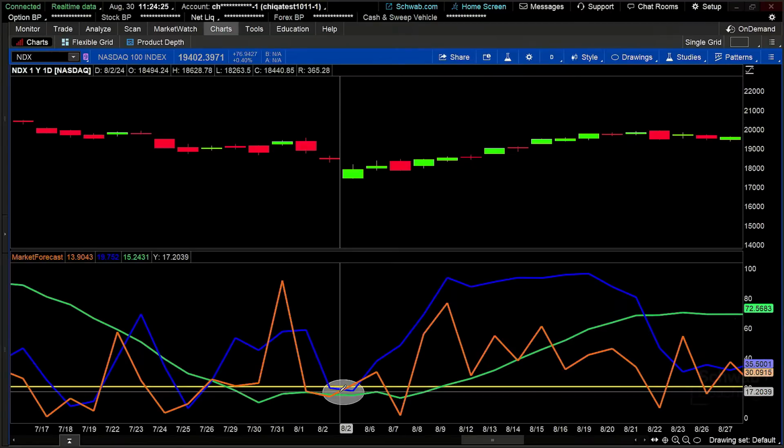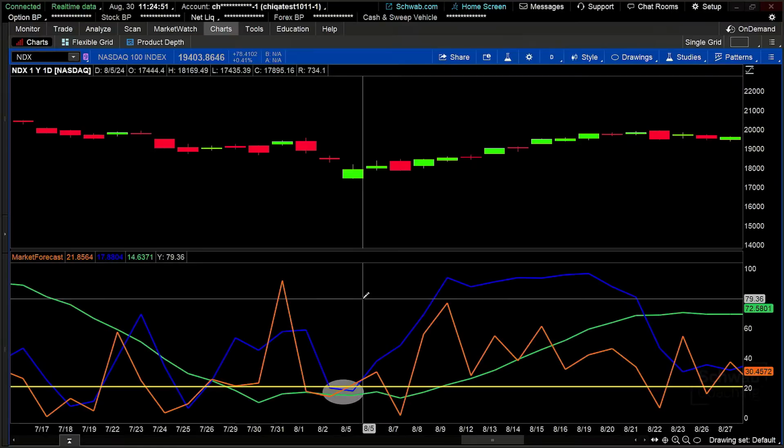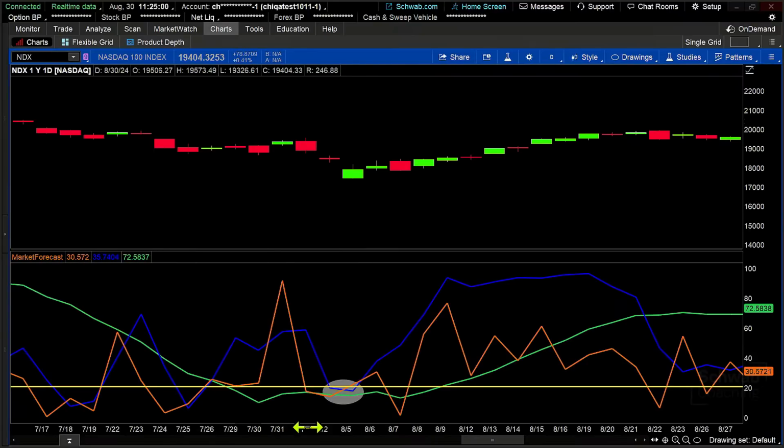This is where all three of those lines occur at the same point, or very, very near the same point, on the same day or days, either below, in this case, the 20 level, right, or above the 80 level, okay? 20 and 80 are generally considered to be reversal zones here on the market forecast tool. So, okay, you think, all right, great. What does this cluster thing tell us, right?